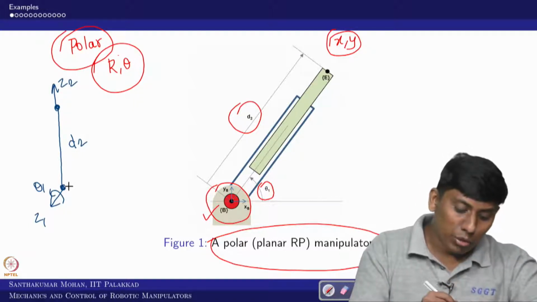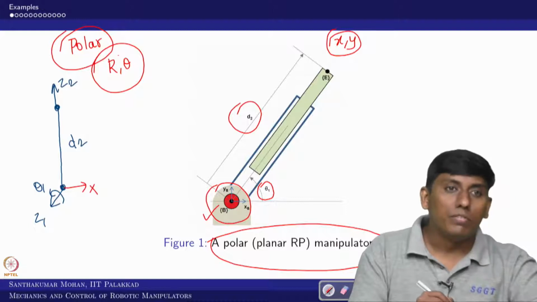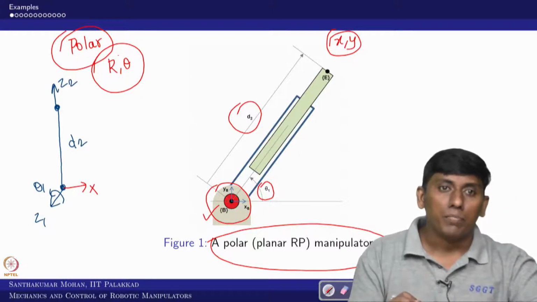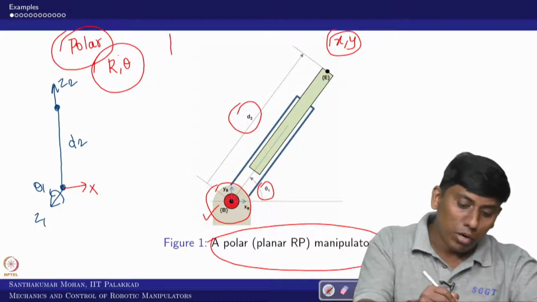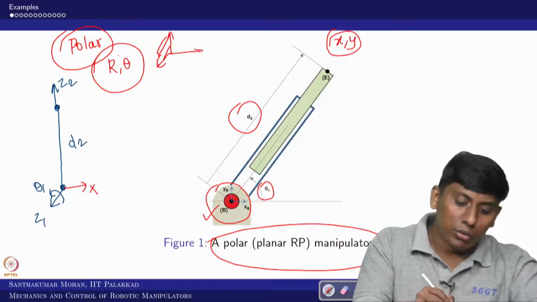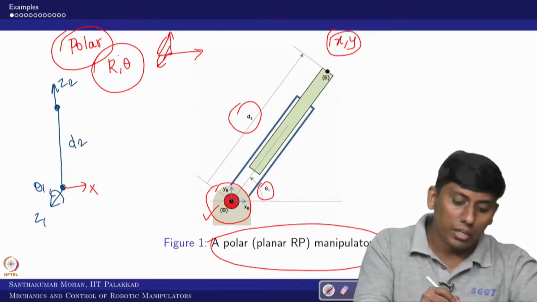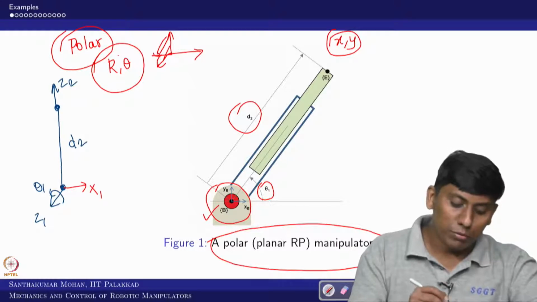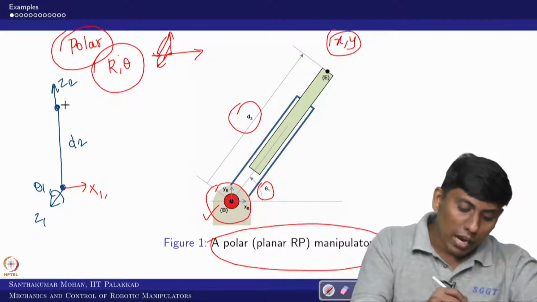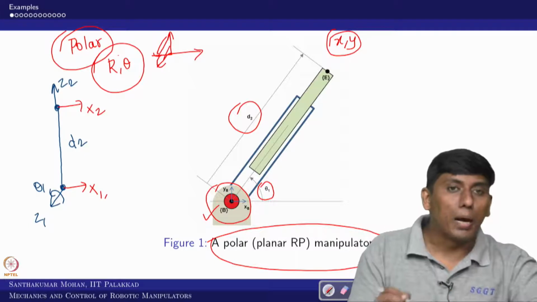Your x1 is written perpendicular to the plane containing z1 and z2. Here the plane it is containing is this one. Your x can come outward or inward. In this case I took it outward, so x1, and x2 can be parallel.